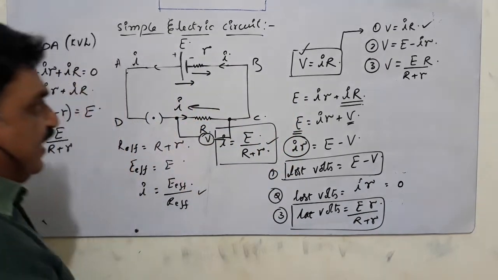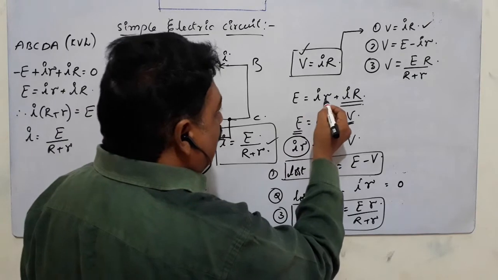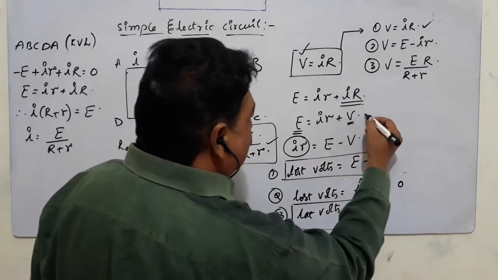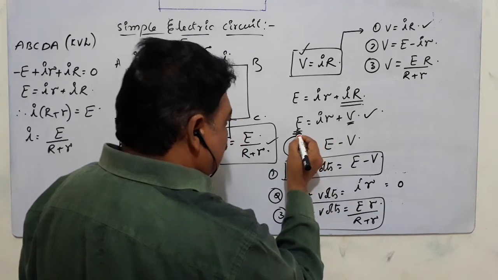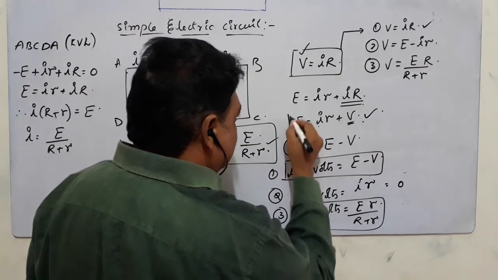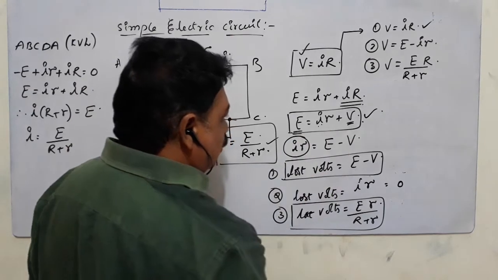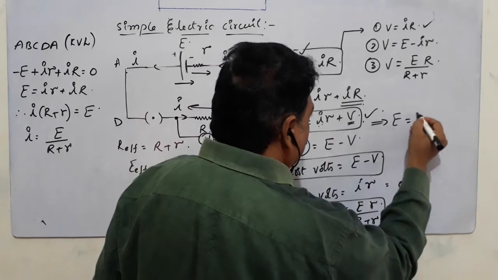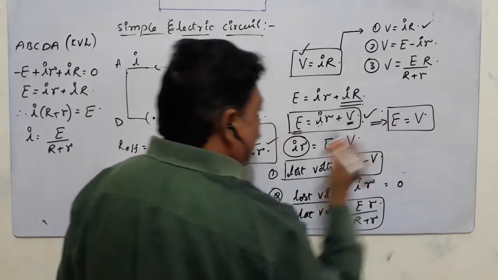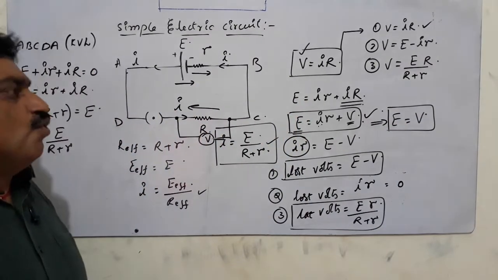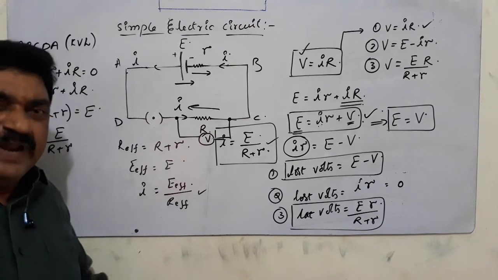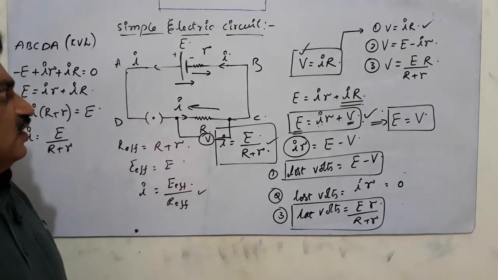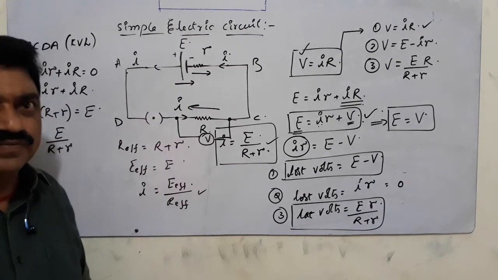As we have already known that E is equal to Ir plus IR. In this situation, E is equal to Ir plus V. See, here I is 0. So that you can say that E is equal to V. If the circuit is open, terminal voltage is itself the electromotive force of that particular cell.